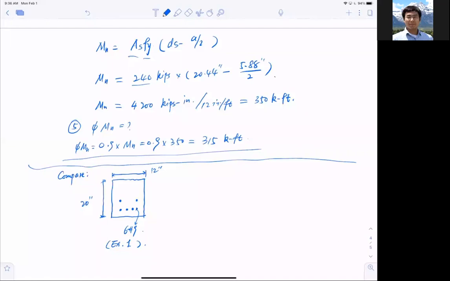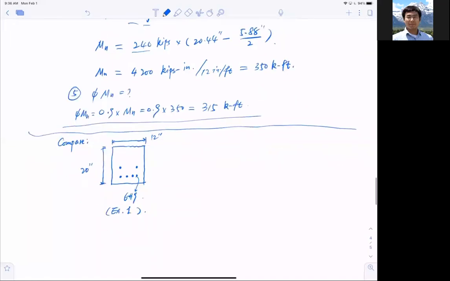All right, and this we got moment capacity phi Mn. If you remember, we got about 243 kip-foot. Okay, that's what we got. And now the other section, it's slightly higher or taller. Okay, slightly taller.